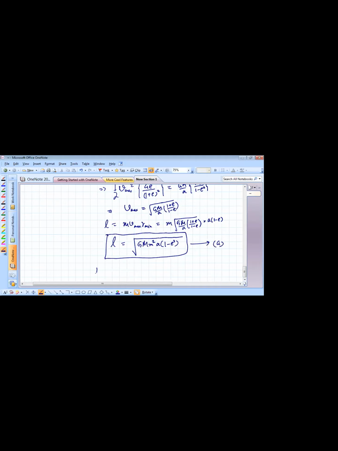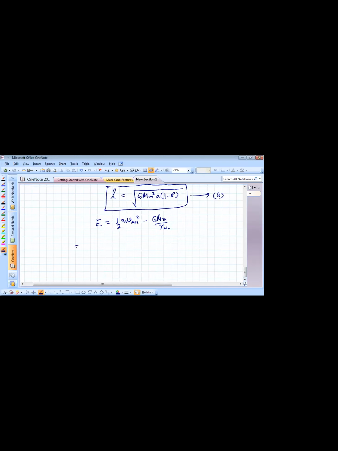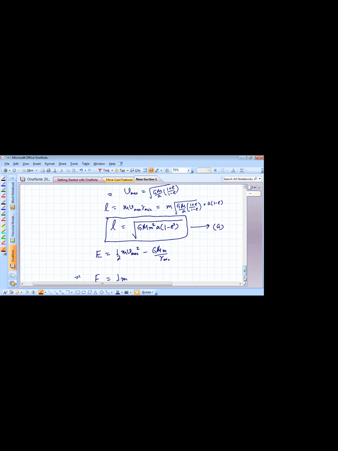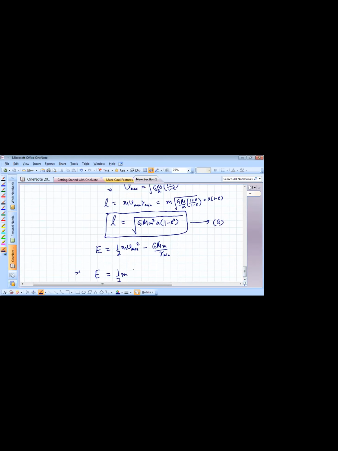And similarly, our total energy, which we can write as half m v max square minus G M m upon r minimum. This also we can write in terms of eccentricity, because now we've got v max and this thing both in terms of eccentricity. So our total energy is half m, and v max square you just substitute from here: capital GM upon a into 1 plus e upon 1 minus e.